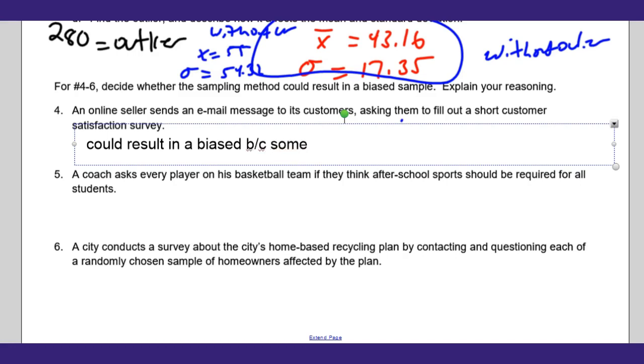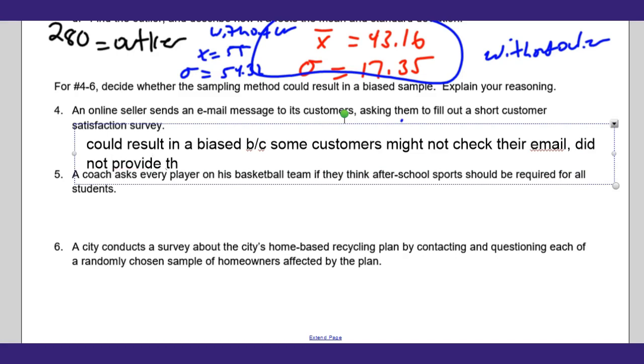Some customers might not check their email, or did not provide the store with their email.